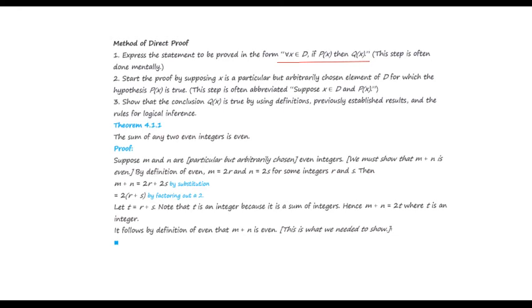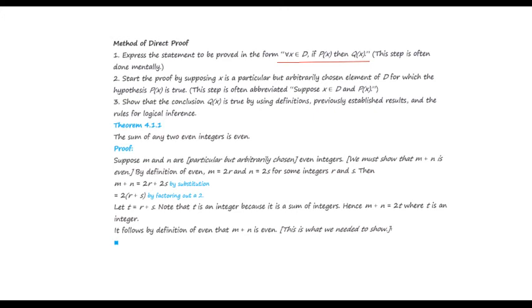The second step is to start the proof by supposing x is a particular but arbitrarily chosen element of D for which the hypothesis P of x is true. So basically, we are going to assume that x is an arbitrarily chosen member of D, which satisfies the hypothesis, which is P of x.